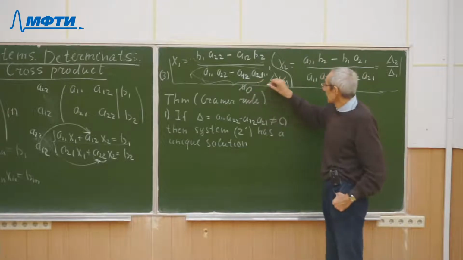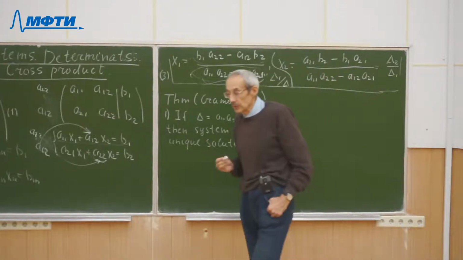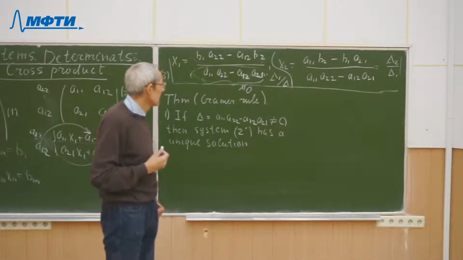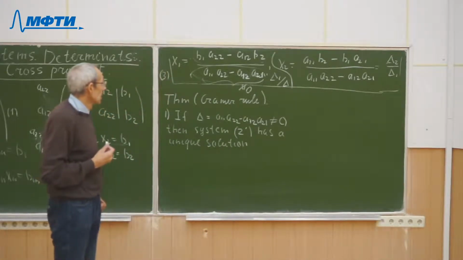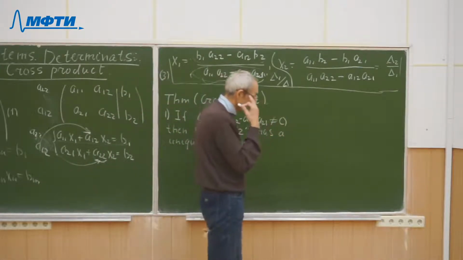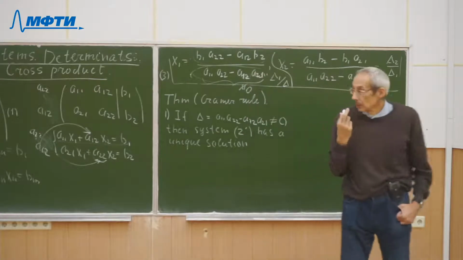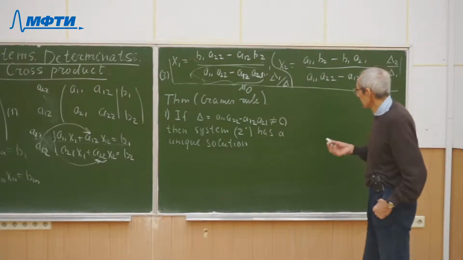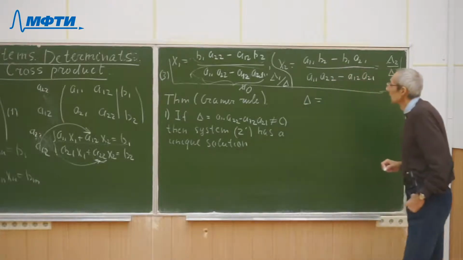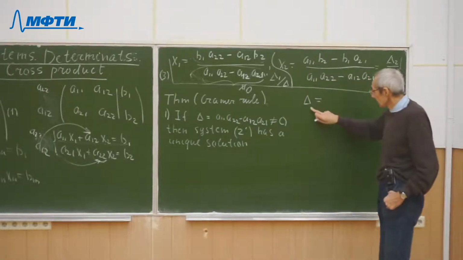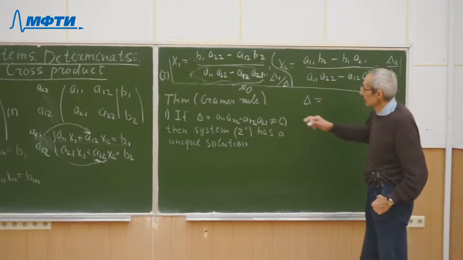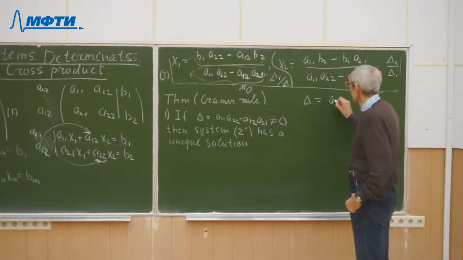We can see that both expressions have coinciding denominators, and we can introduce a special notation for this expression. Let delta be the value of the denominator in this form.